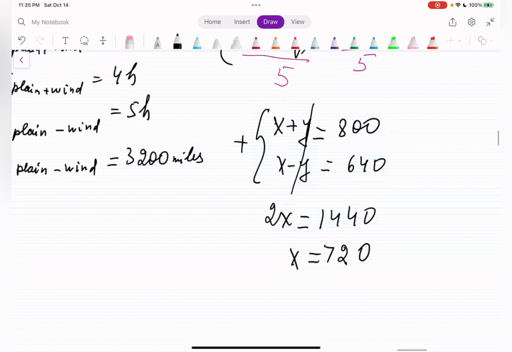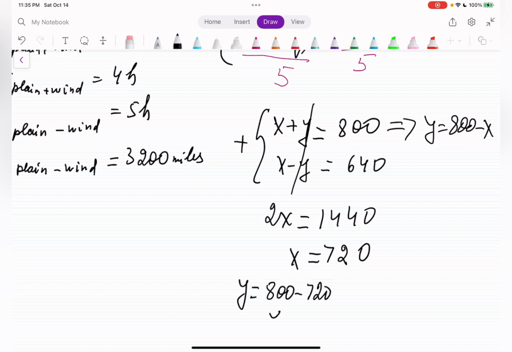Okay, so let's see, from here my y is equal to 800 minus x, right? So y is going to be equal to 800 minus 720, and y is equal to 80. So my x is 720, y is 80.